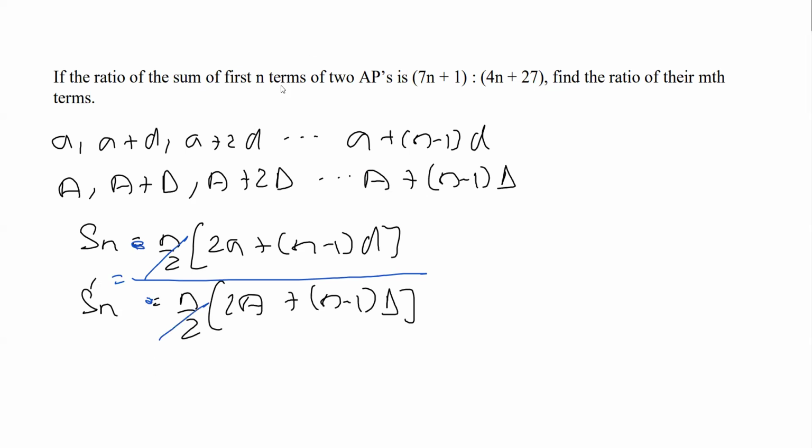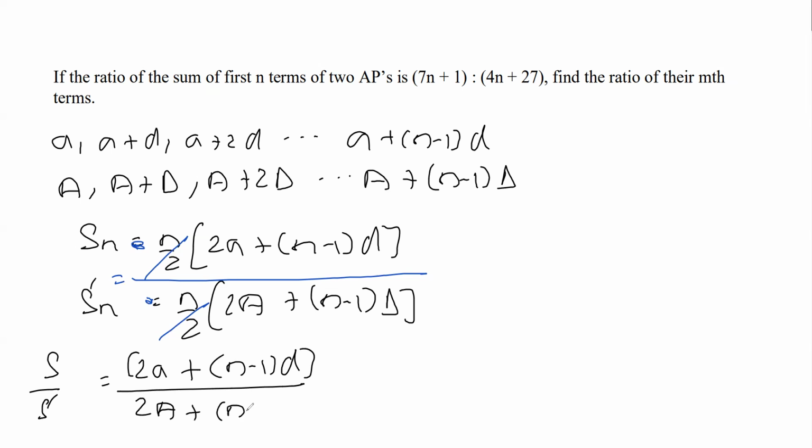So as a result, we got the ratio. Say I use S over S dash. Then this is (2A plus (n minus 1)D) divided by (2 times capital A plus (n minus 1) capital D).